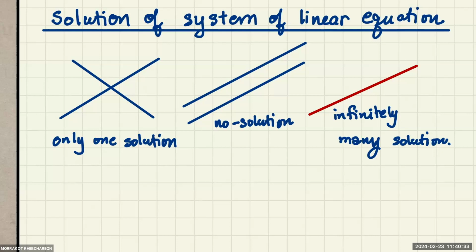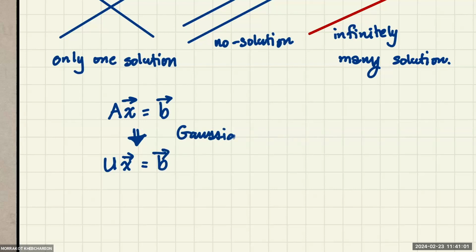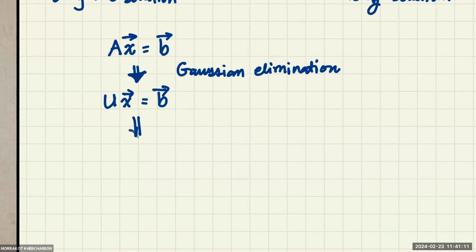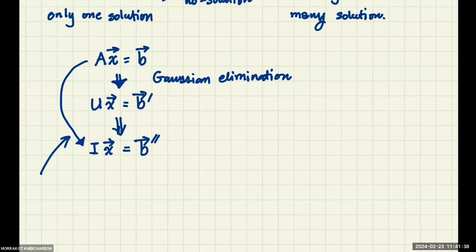Okay, what we try to do is, instead of trying to reduce the matrix, if we have the system of equations AX equal to B, instead of reducing this by what we call Gaussian elimination, we will reduce this to Ix equal to B. Okay, so from this to this, we call the Gauss-Jordan form.